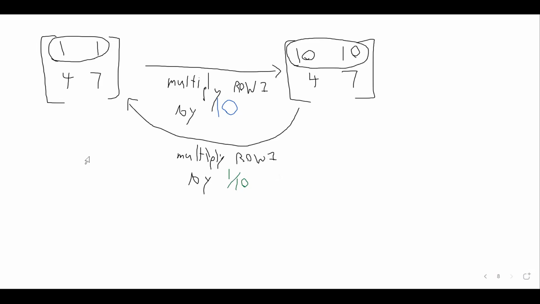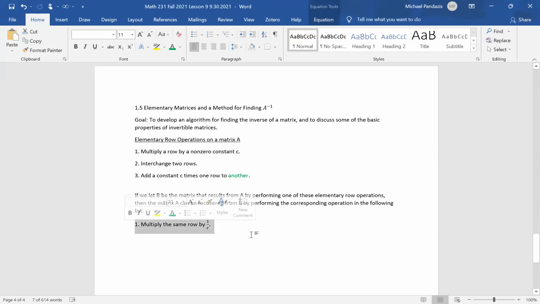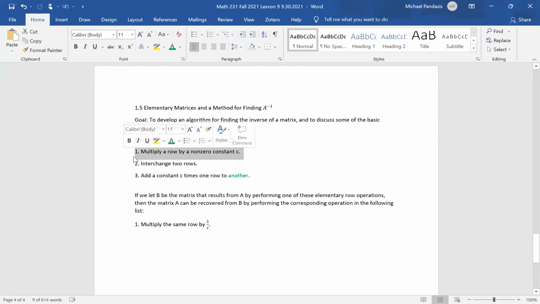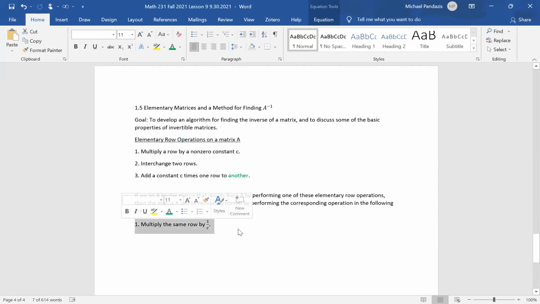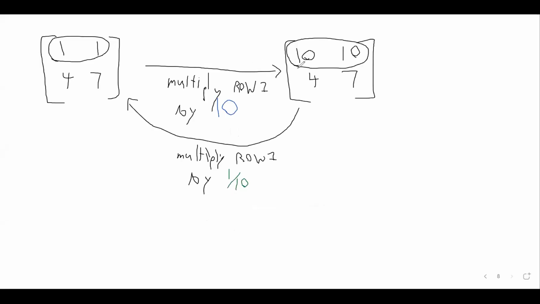Okay, so the corresponding inverse operation of multiply a row by non-zero constant c is multiply the same row by 1/c. So multiply a row by non-zero constant 10, its corresponding inverse operation is multiply the same row by 1/10. It was the first row that we multiplied by 10, right? And so the inverse operation had to be multiply the same row, row 1, by 1/10.